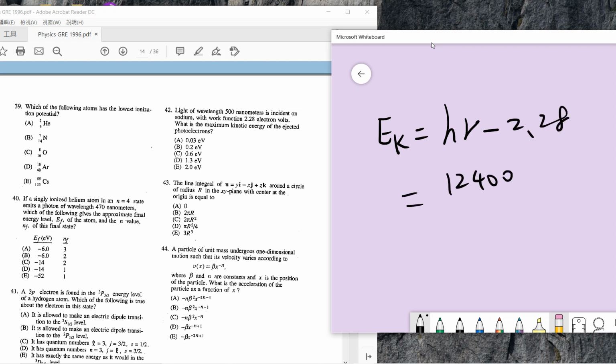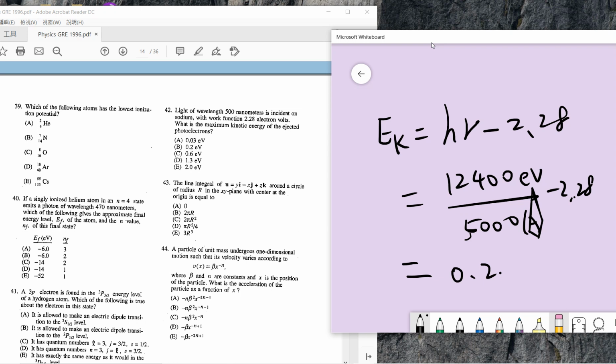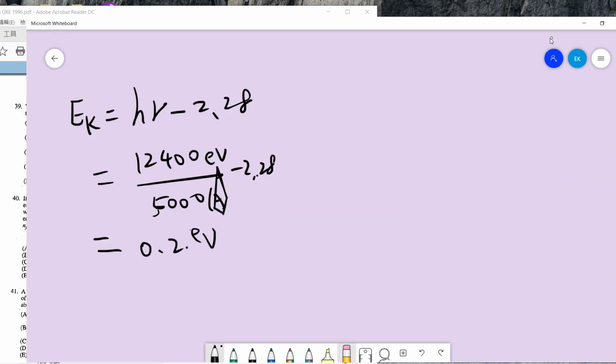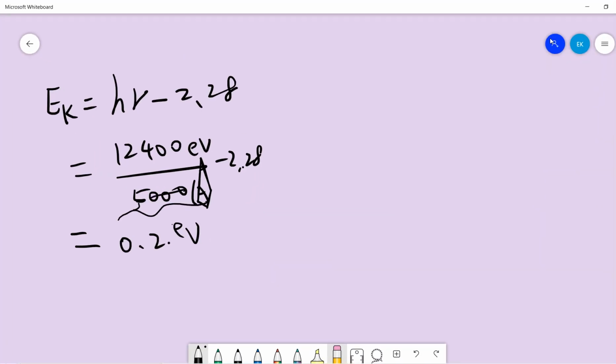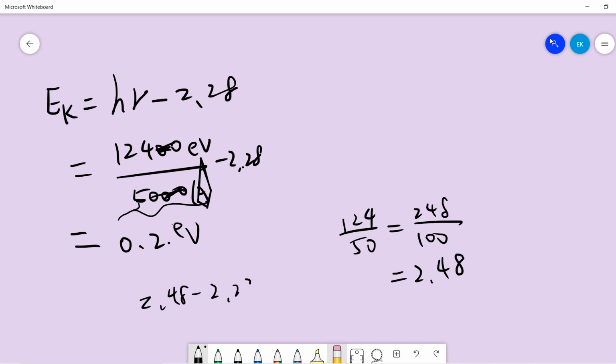So you have this standard formula, 12400 divided by 5000 Angstrom. 124 over 50 is 2.48, so 2.48 minus 2.28 is 0.2 eV.